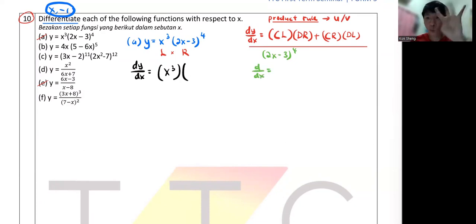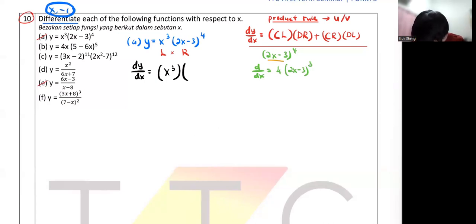Can you see the symbol? No y here. So outside. The power 4 right outside, times it with the whole thing: 4 times (2x minus 3). And the power 4 itself needs to minus 1. So this is from outside. And later on, the inside.